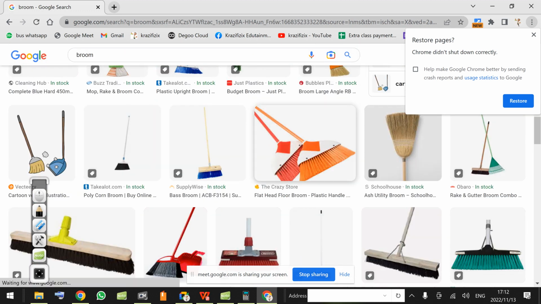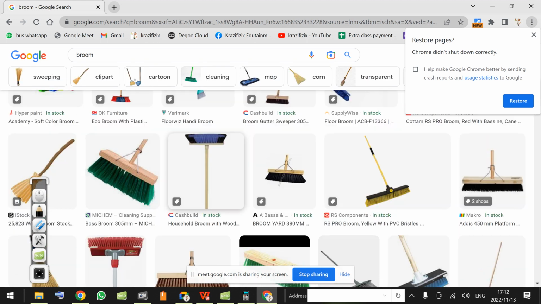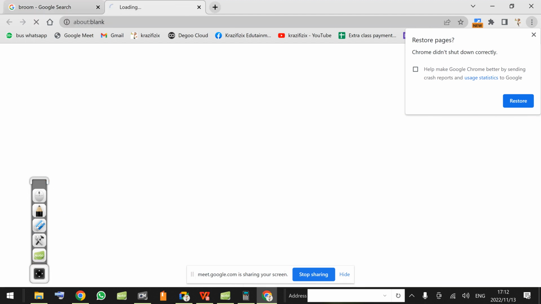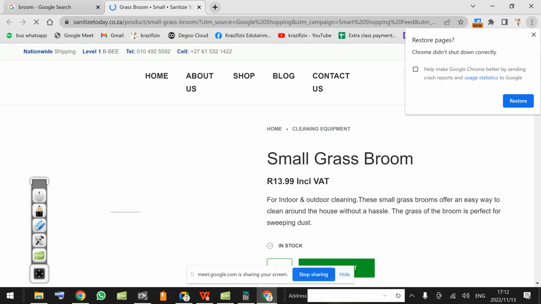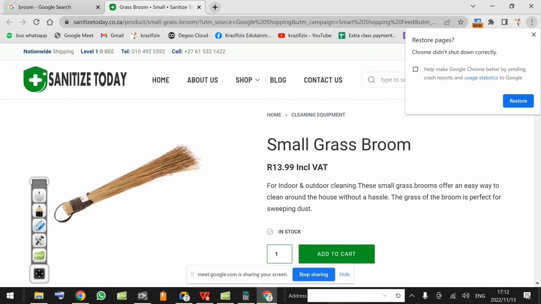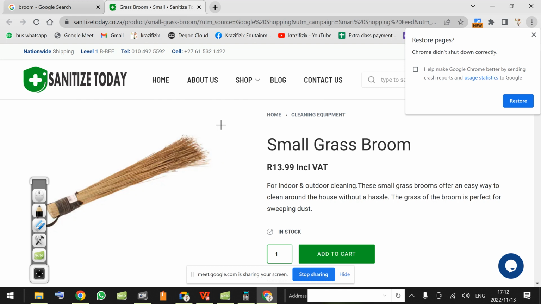Let me say brooms. Broom. Yes. I grew up sweeping with this broom. And it's my mother's favorite. She can just swing it where you are. Check this. Okay, guys, it's 14 rand. Oh, we can buy it, no?